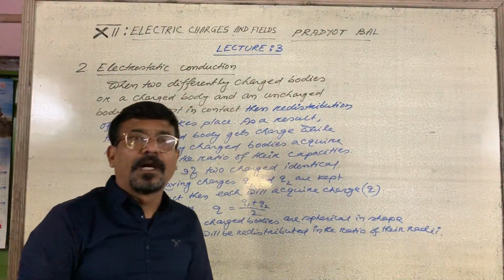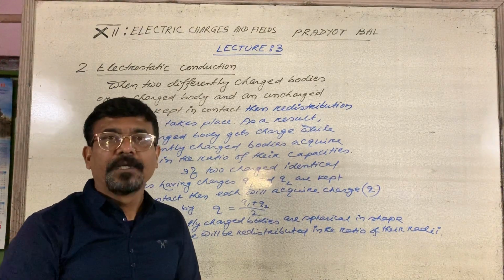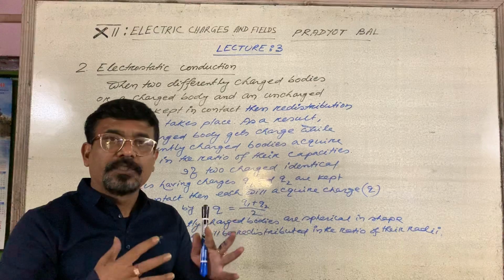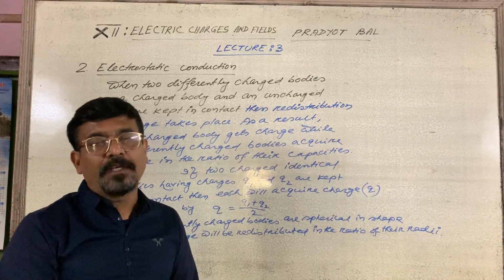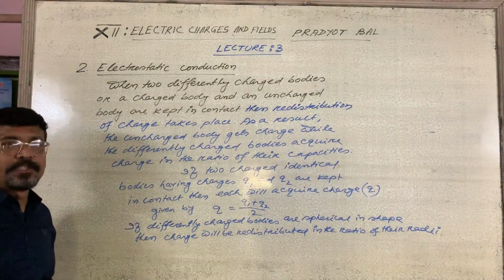If they are spherical in shape, then their charge will be redistributed in the ratio of their radii. This is our electrostatic conduction.